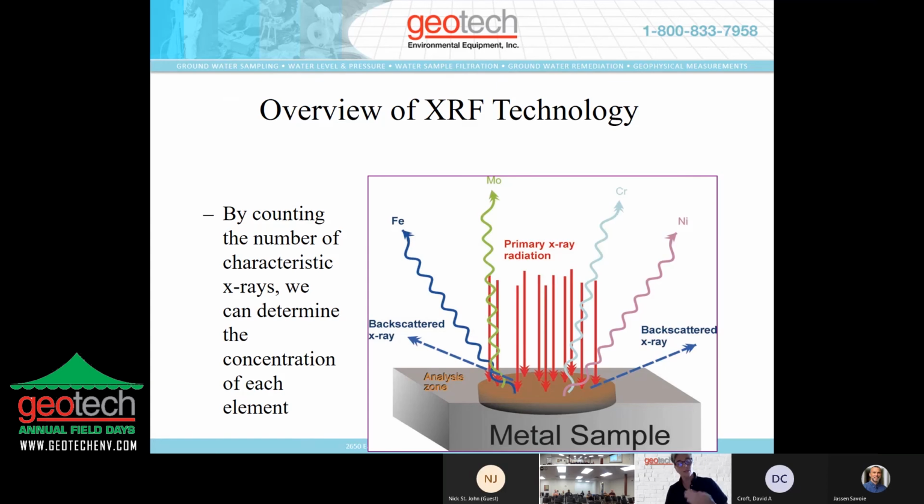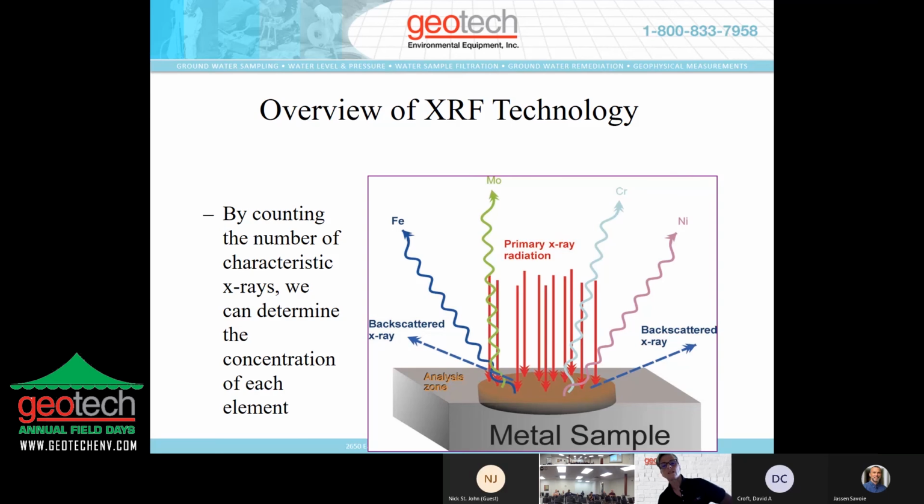So we can see whether it's iron, molybdenum, nickel, chromium, lead, whatever these characteristic X-rays are, we catch them with the detector and can quantify them and give you concentrations in parts per million, milligrams per square centimeter, micrograms per cubic meter, whatever the instrument is calibrated for.